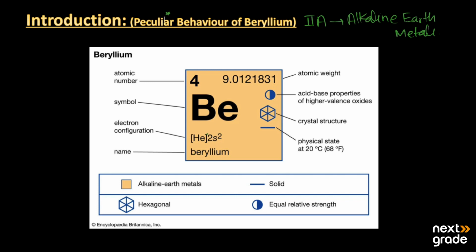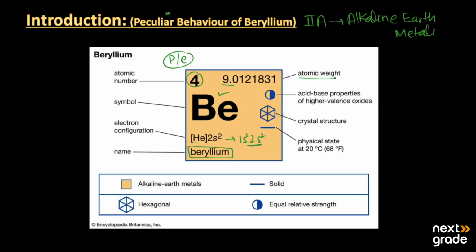Before the study of its behavior, we must know about the simple properties of beryllium. The name is beryllium, and the symbol that we use for it is Be, and its atomic number is 4. Its protons and electrons are 4. Its electronic configuration can be written as 1s2 2s2. It contains 2 electrons in its valence shell. Its atomic weight is almost 9.01.